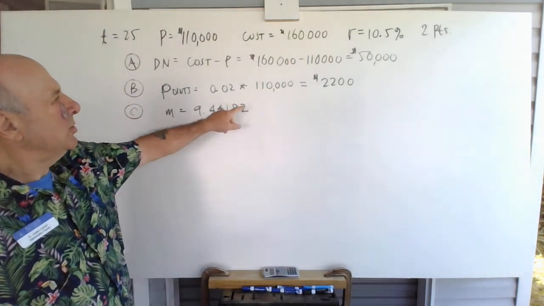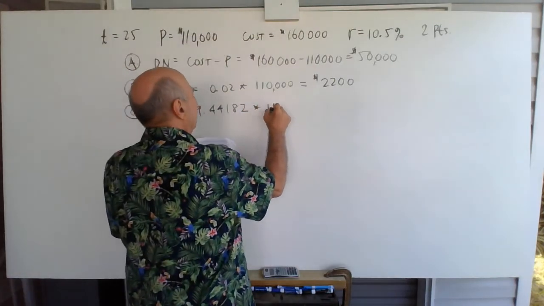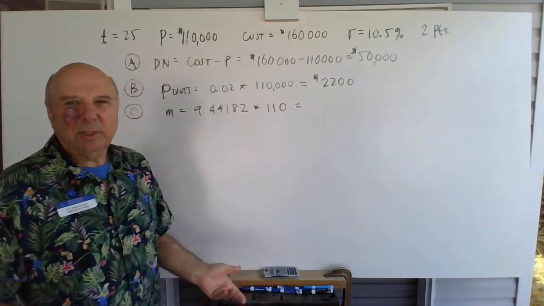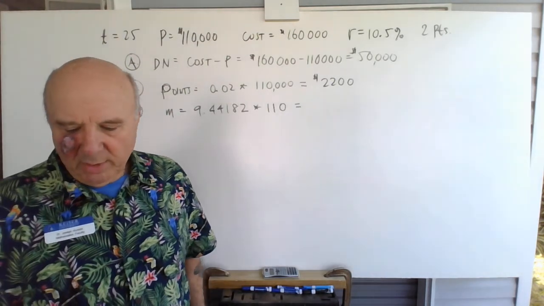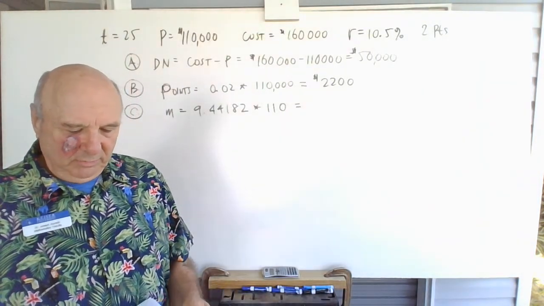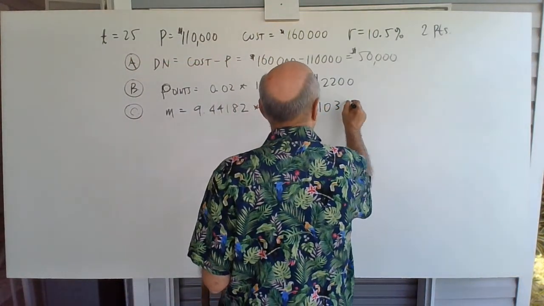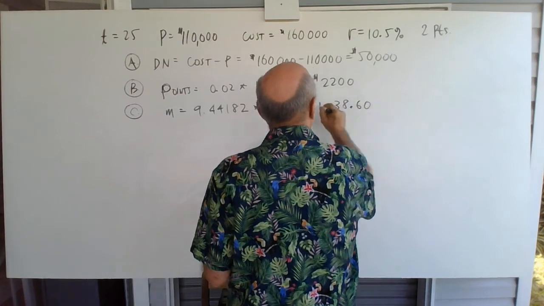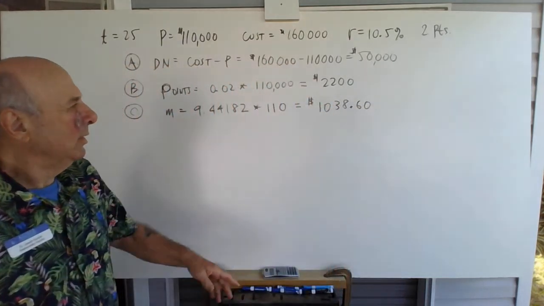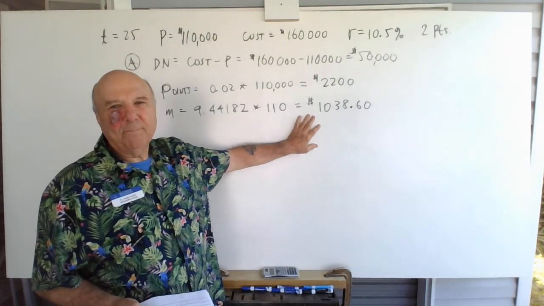So how many thousands are there? The mortgage is 110,000. So there's 110. You multiply those two numbers together and you'll get the monthly payment of $1,038.60. So that's the P&I, so-called P&I.